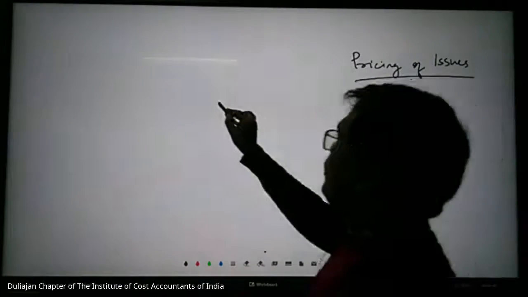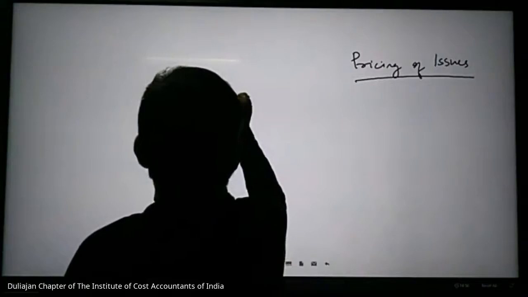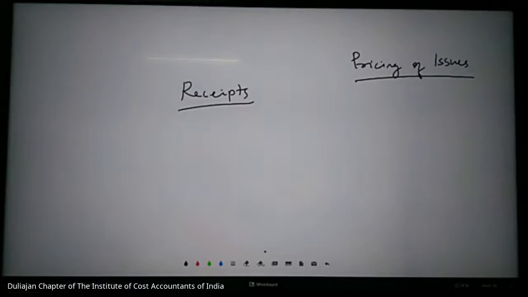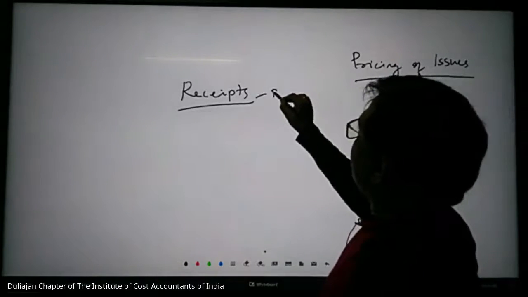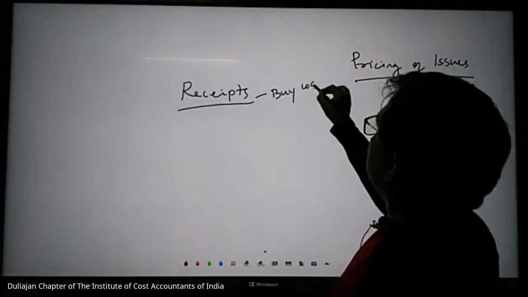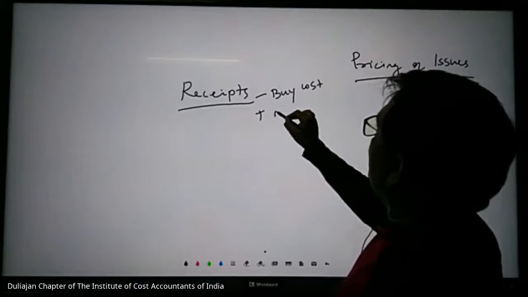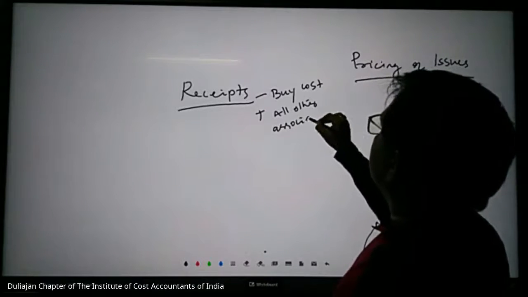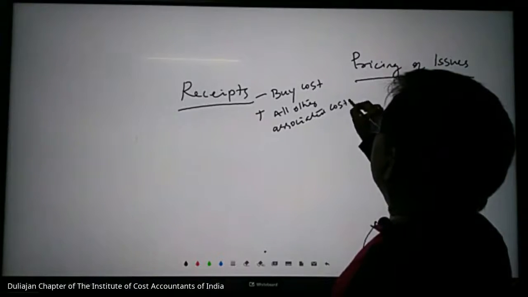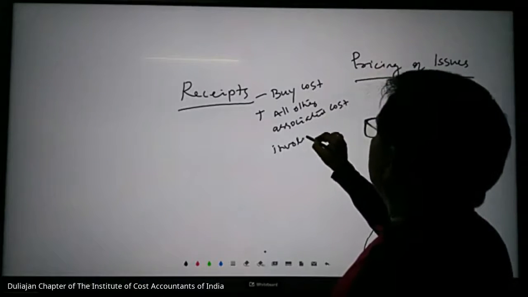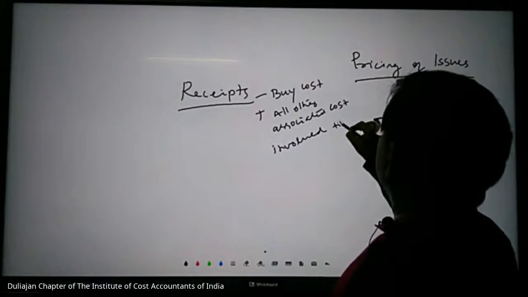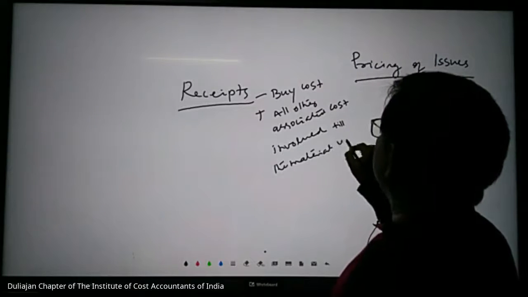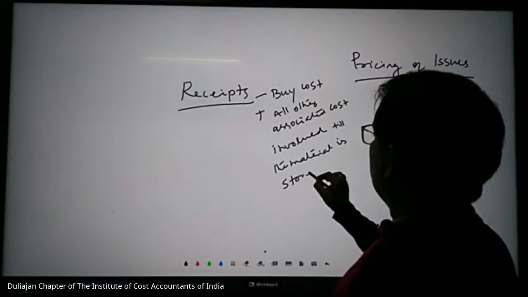Like receipts, we know receipts have got a definite price, so there is no confusion. At what price we buy, they are valued at buy cost plus all other associated costs involved till the material is stored.